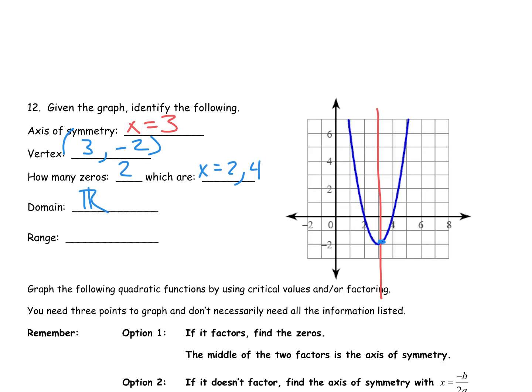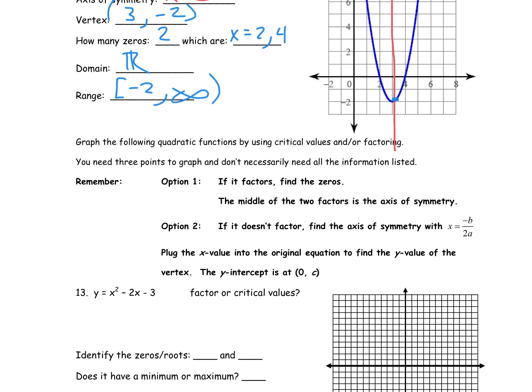And what's our range? So remember, range is y values. Perfect. We start with our smallest y value, so that would be -2. And then it goes up forever, so -2 to infinity.